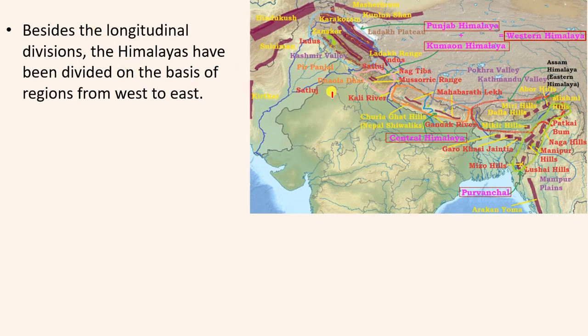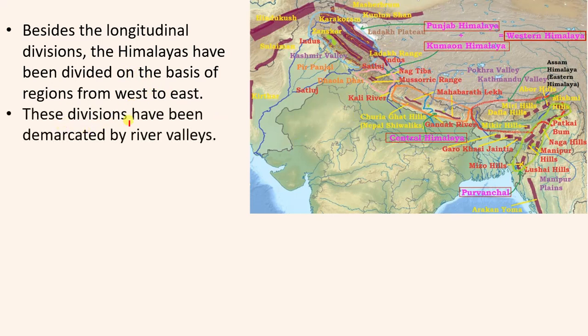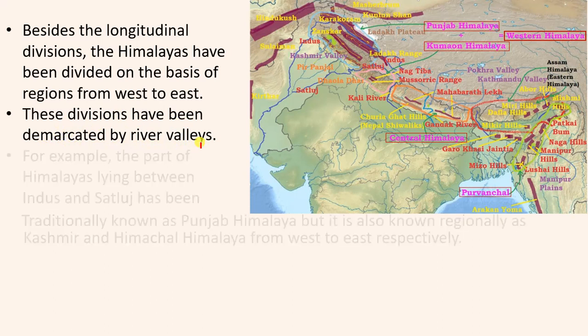Here in this slide we are going to discuss that the Himalaya is divided from west to east according to the different rivers dissecting this Himalayan mountain. These divisions have been demarcated by river valleys.